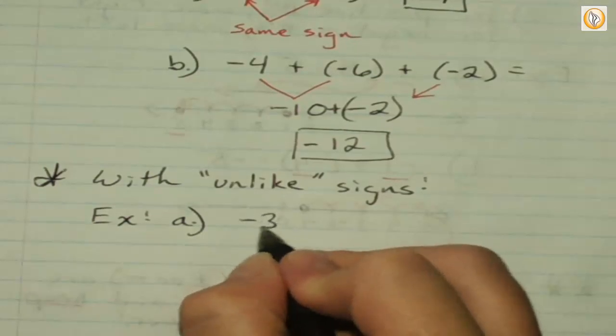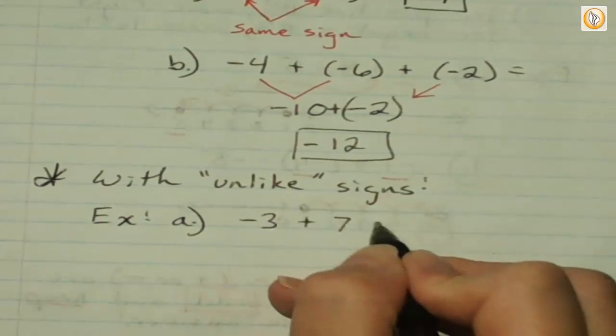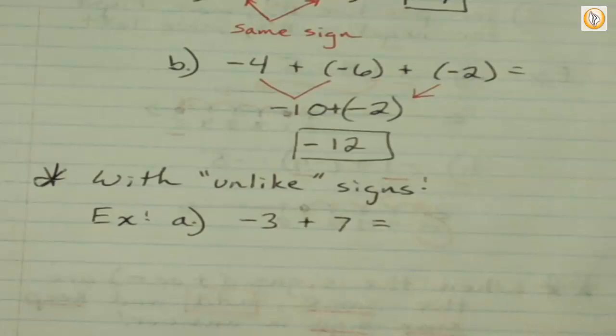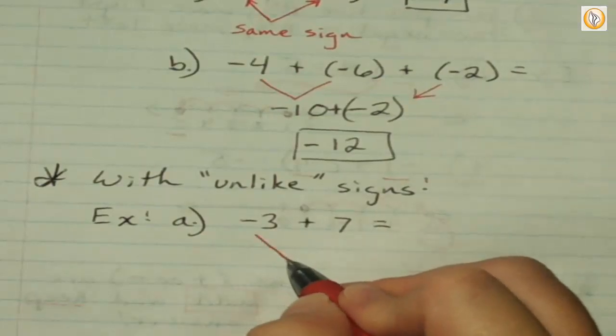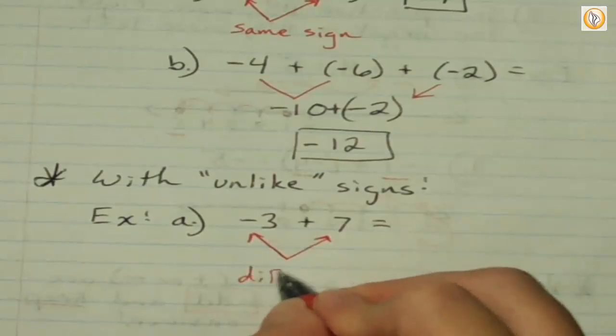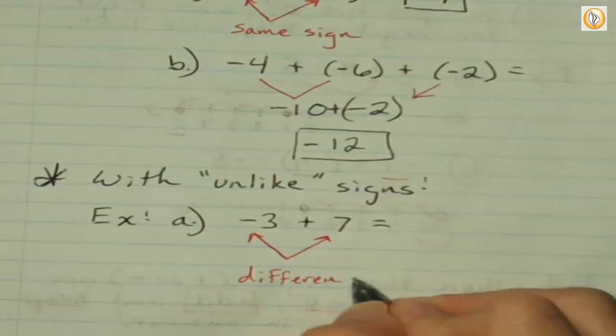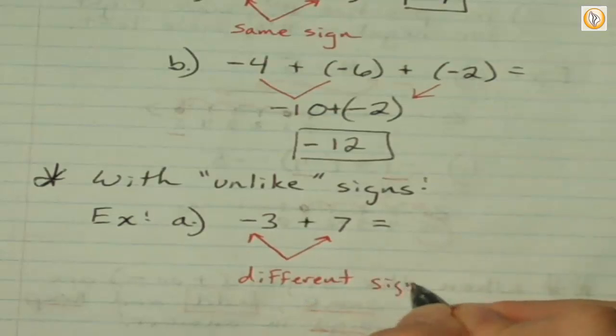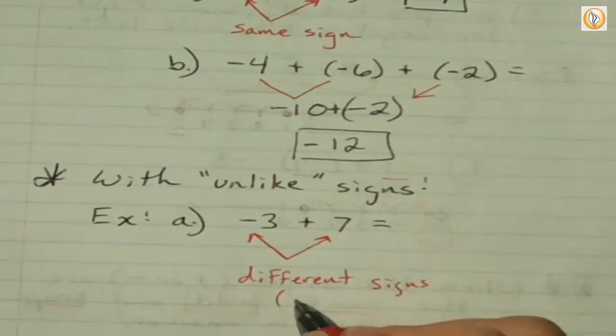What if I have -3 plus 7? Okay, so if I have different signs, what are you going to do?